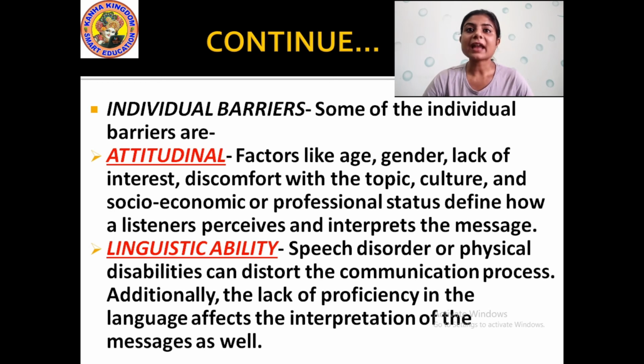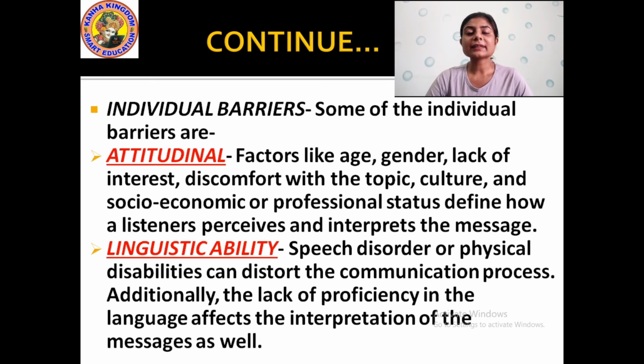And you must also keep in mind that the message you are sending to the receiver must be perceived in a way which is understandable to him, and he must react accordingly to the message. Only then will it be proper and effective communication.